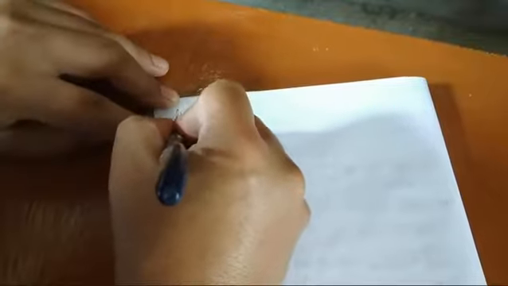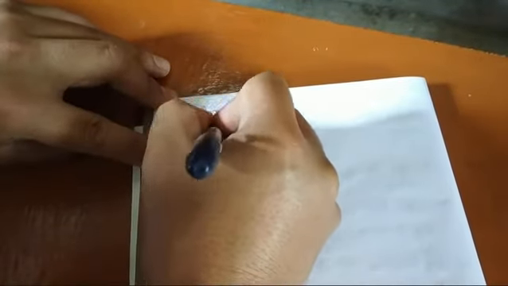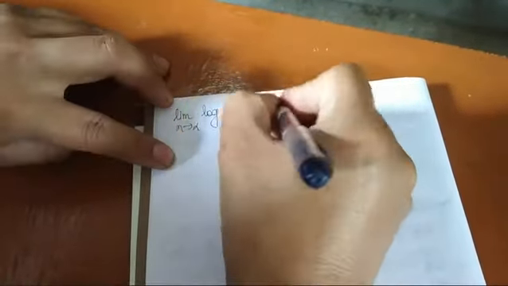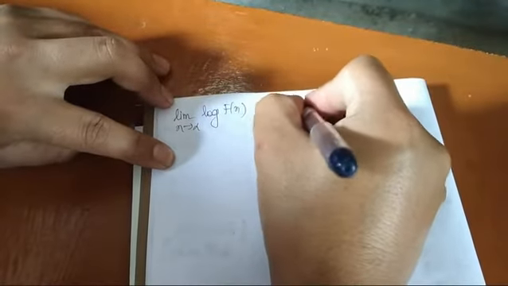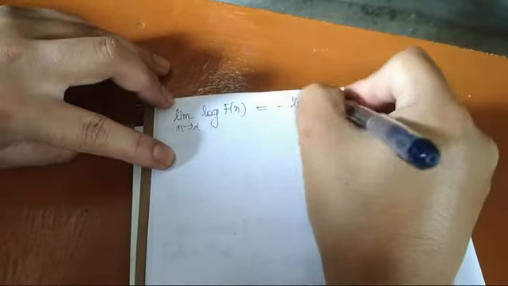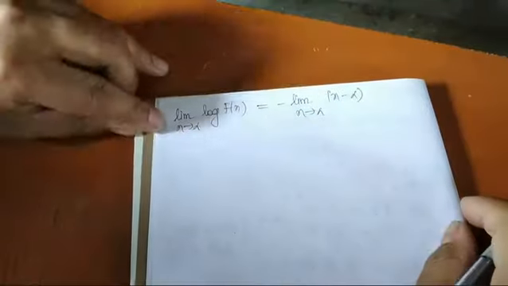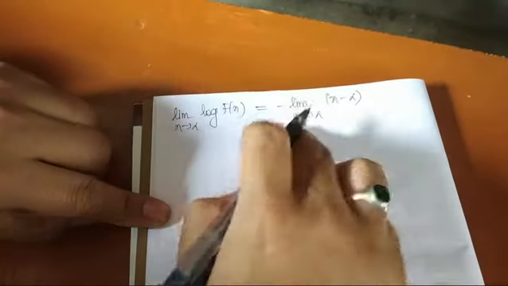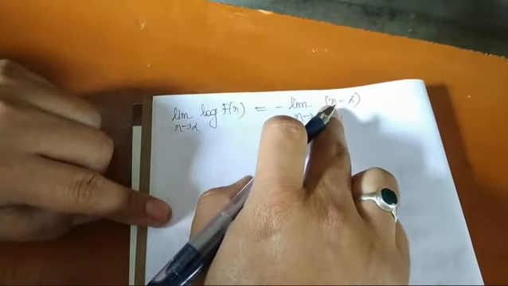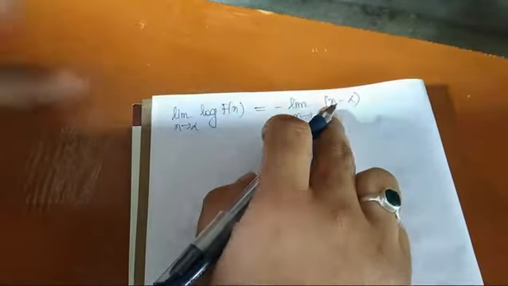Let me write this in the next page. So therefore limit x tending to alpha log capital Fx, which is equals to minus limit x tending to alpha x minus alpha. So I'll be getting this much, isn't it? So now when I put the value for x equals to alpha, I'm not getting any undefined values.